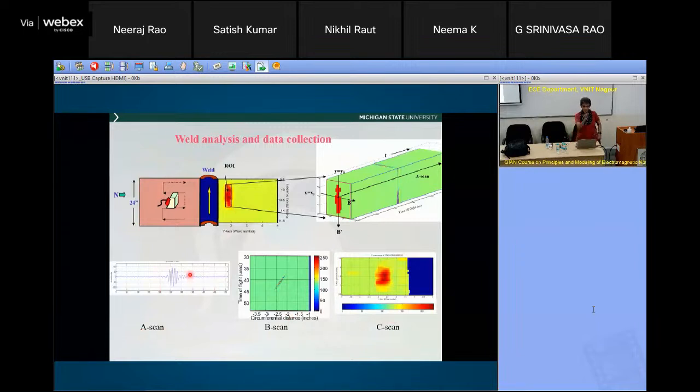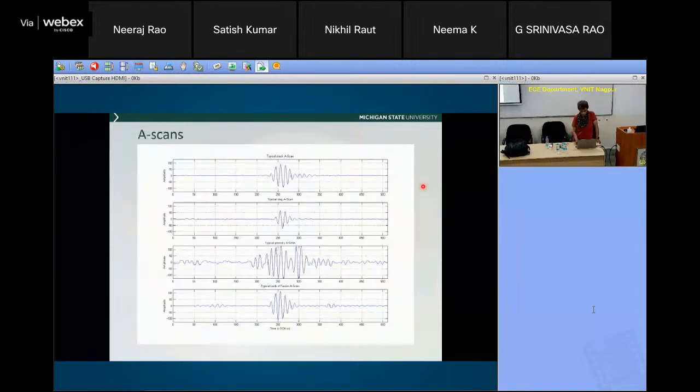B scan is you're moving it in one direction, and how does the signal change? And you also have something called B prime scan. From the 3-dimensional volume, I can take a section in this direction or this direction and generate additional types of information from there. And use the totality of all the information to determine the defect class, whether it is crack or porosity or whatever.